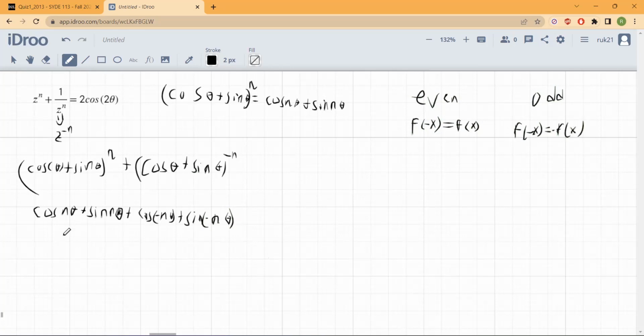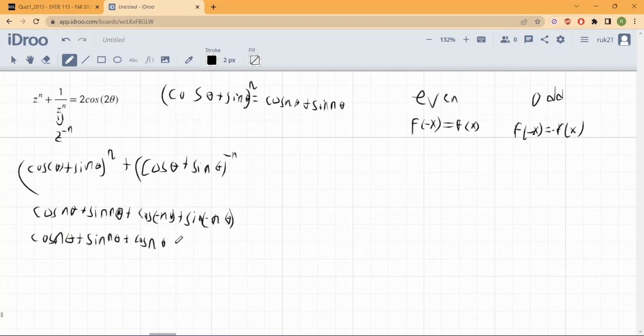And what that means for us is that we can just rewrite this as cosine n theta plus i sine n theta plus cosine n theta. The reason I can do that is because negative n theta, and these are just the same functions right over here, it's an even function. So negative n theta just becomes cosine n theta.